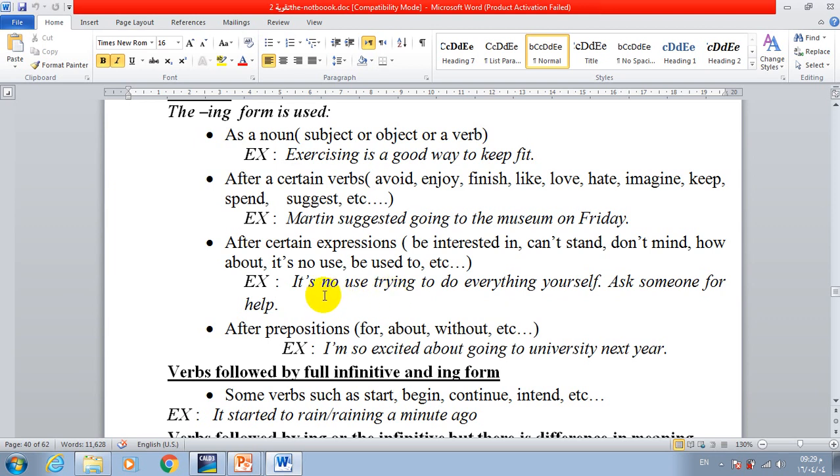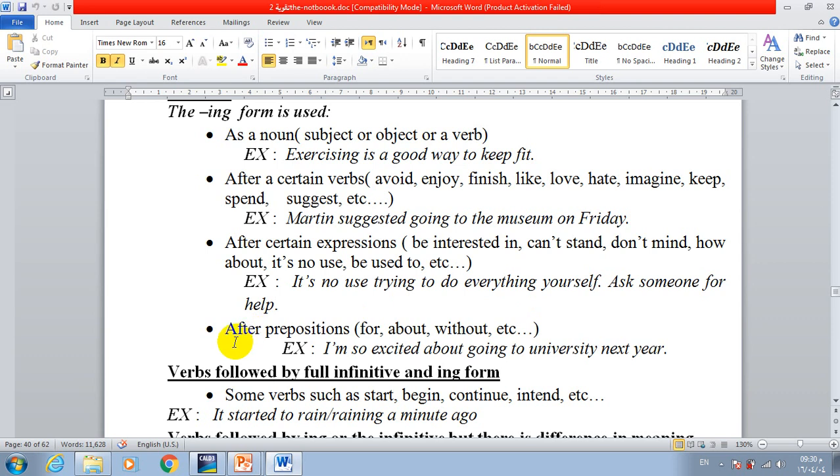Here we use no use, so we must put after it the verb plus ing. Like you see, the verb try becomes trying. It's no use trying to do everything yourself. Ask someone for help.